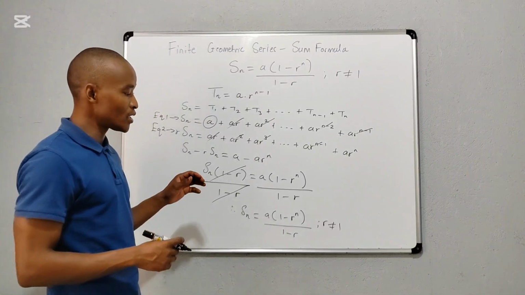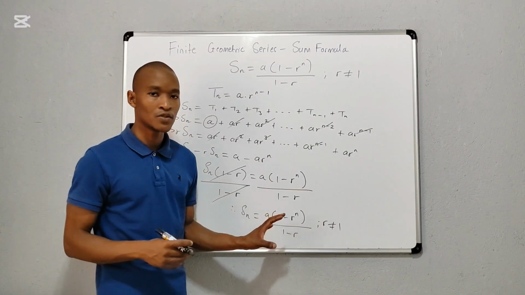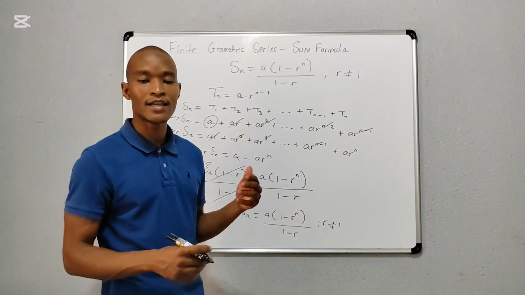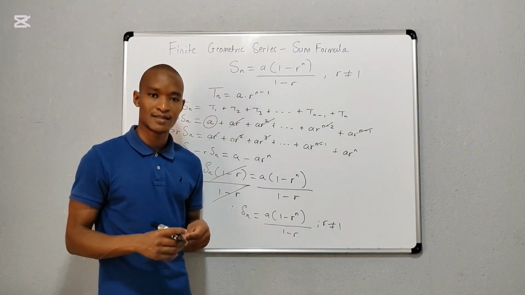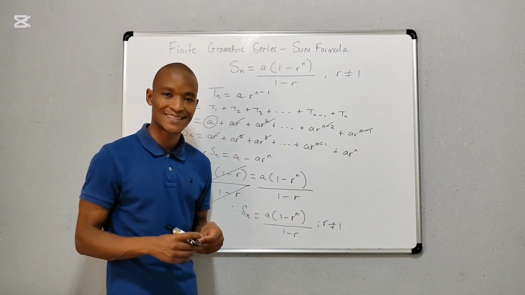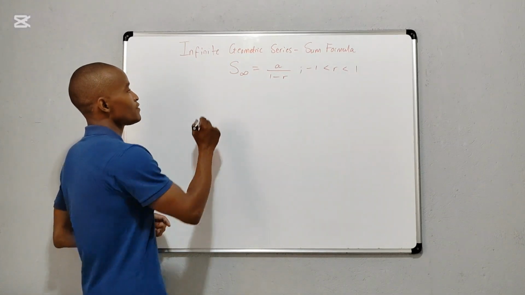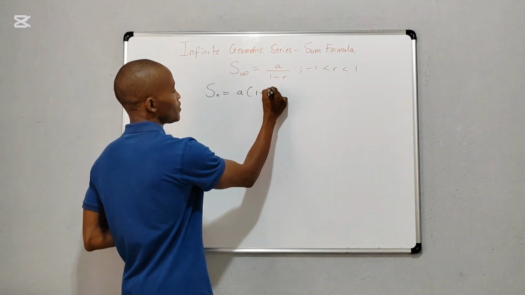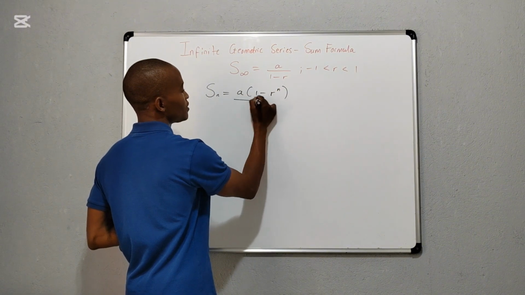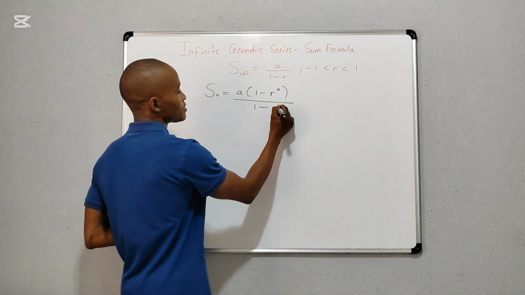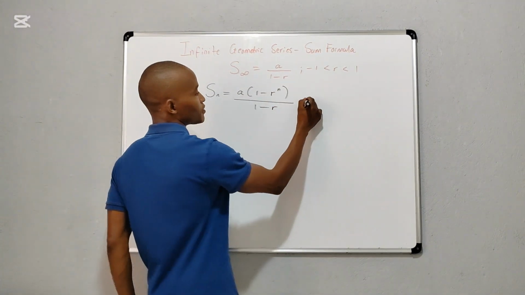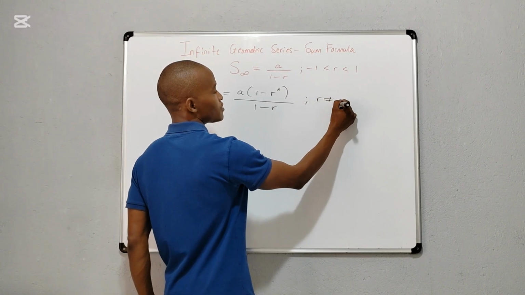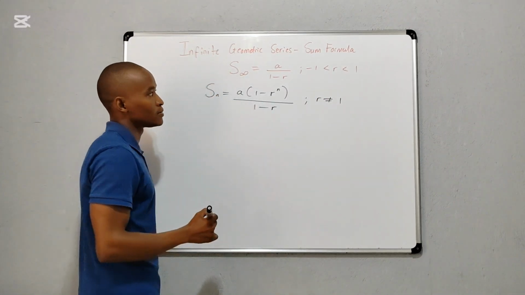Okay, now we're going to use this to get to the sum formula of an infinite geometric series. Alright, so we have established that Sn is equal to a(1 minus r to the power n) over 1 minus r, with the condition that r is not equal to 1.